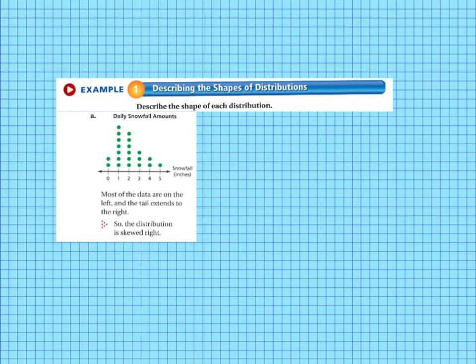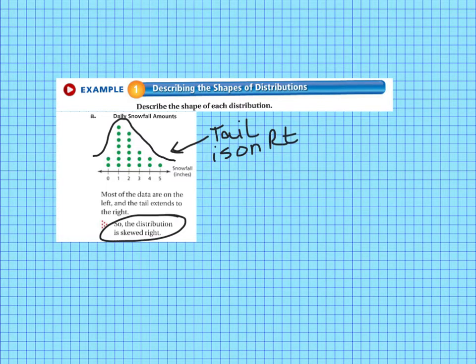So we have daily snowfall amounts, and if we take our pencil, or in my case my stylus here, and draw sort of an outline of this, we can see that the tail of the distribution is on the right. And so that means most of the data is on the left. So since the tail is on the right, the distribution is skewed to the right.